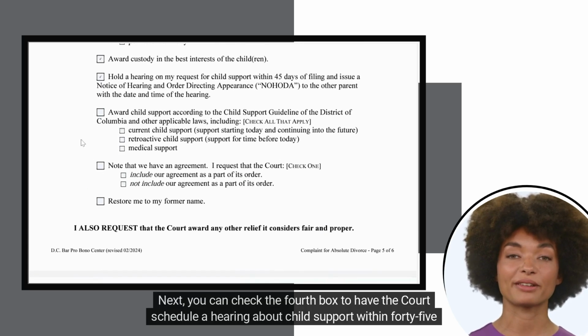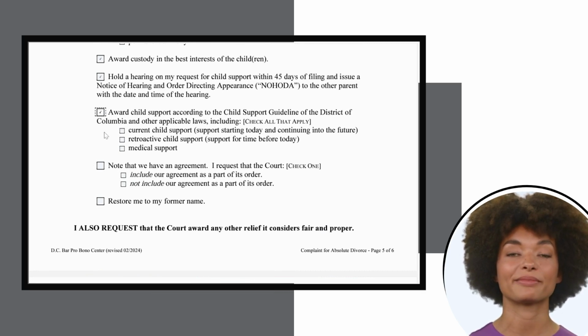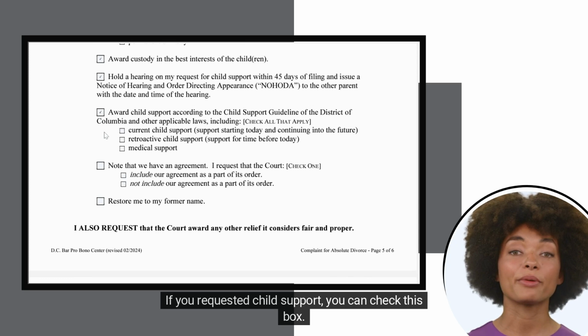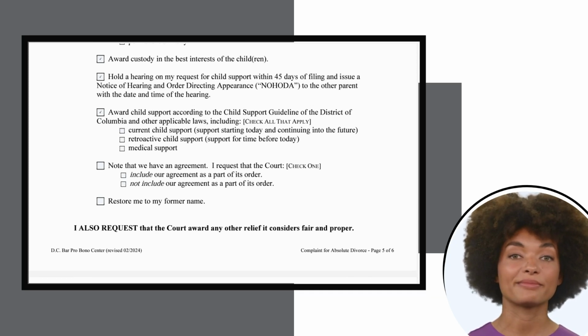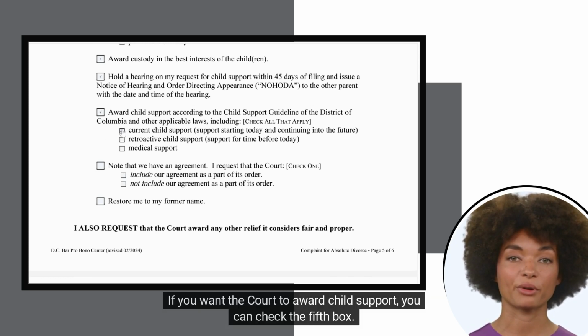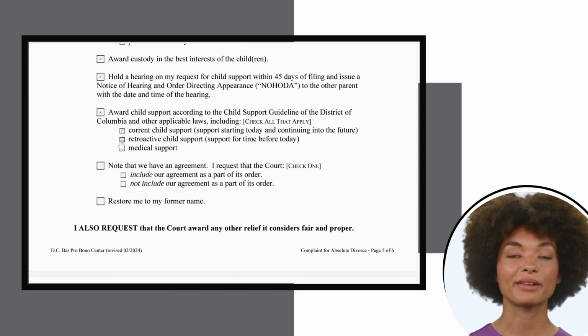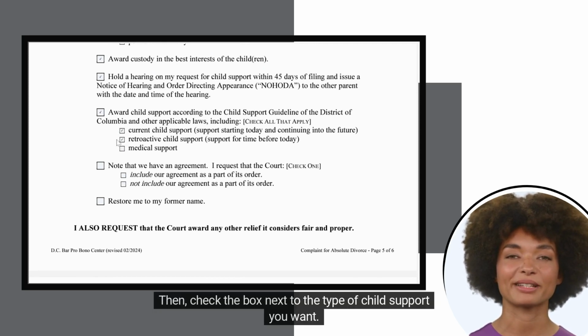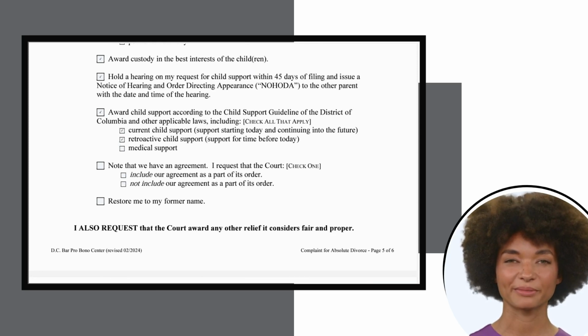Next, you can check the fourth box to have the court schedule a hearing about child support within 45 days. If you requested child support, you can check this box. If you want the court to award child support, you can check the fifth box. Then, check the box next to the type of child support you want.